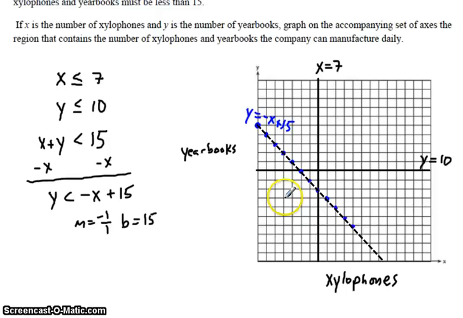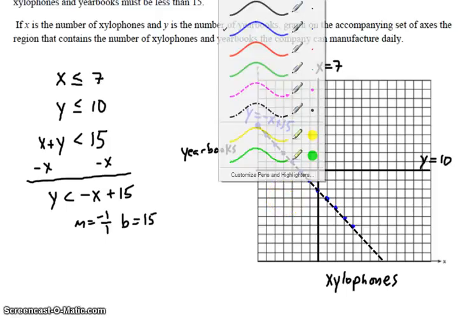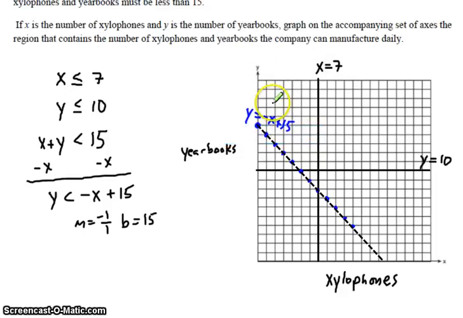All right, so I've got everything labeled. Now check this out. I'm going to do something a little bit different to keep our graphs neater. I'm going to go right to my shading. We've got to be to the left of the line X equals 7, so that would be this way. I've got to be down from the 10, so that would be down here this way.